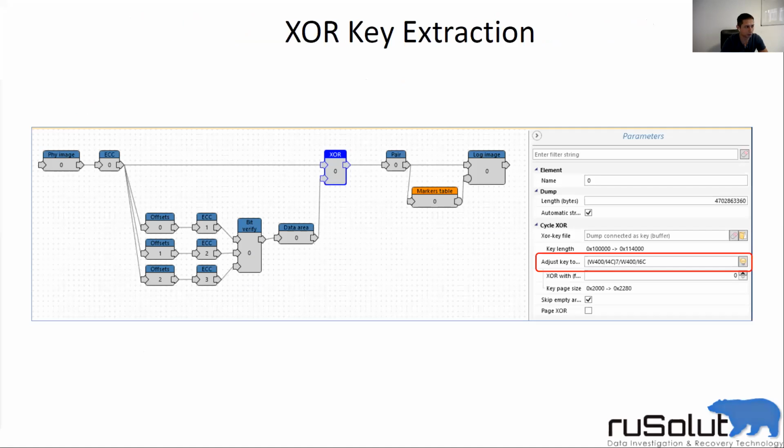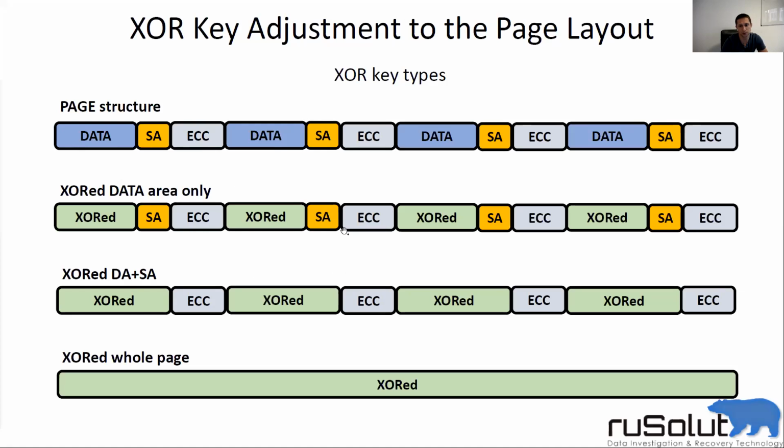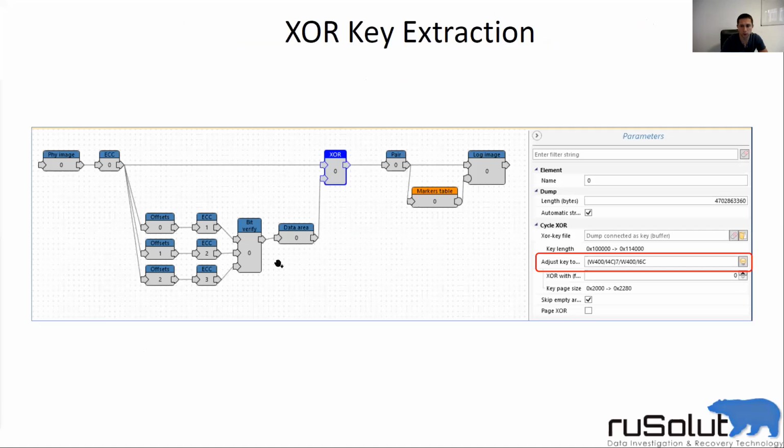Because of such different types of XOR keys, sometimes we need to use this option. We shouldn't forget about this button, adjust key to page layout. Well, actually, I forgot to tell you about the data area. So have a look. We had an ECC element, then we got 3 blocks with, probably, the XOR key already here.